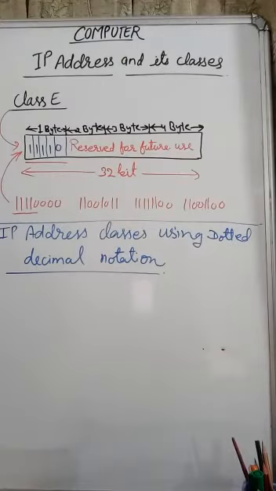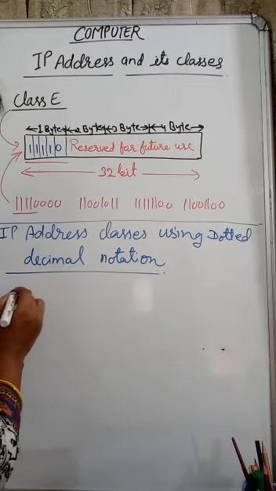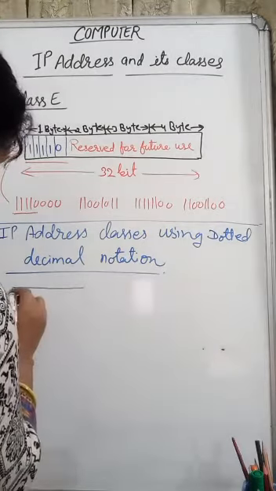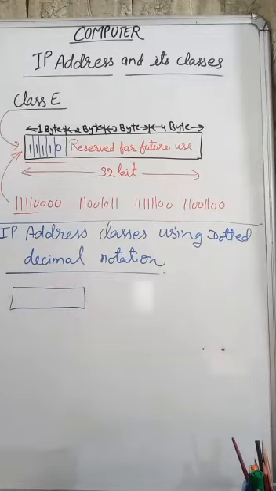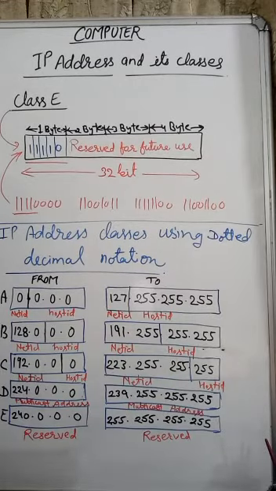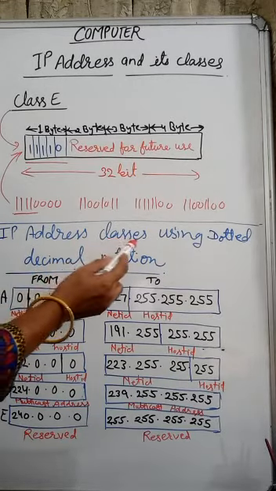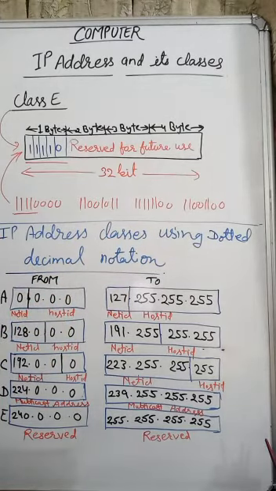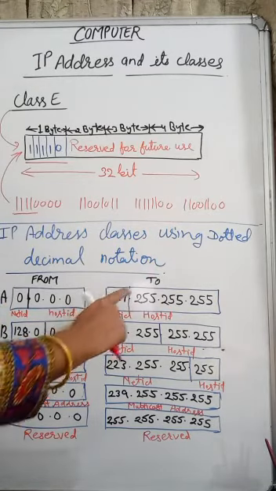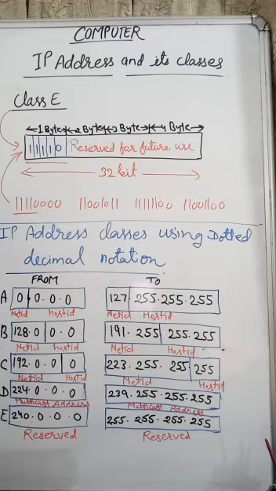First we will make all the classes here. See here, IP address classes using dotted decimal notation. These are the classes, starting from here till here. This is the net ID, host ID, net ID, host ID, multicast address and reserved.